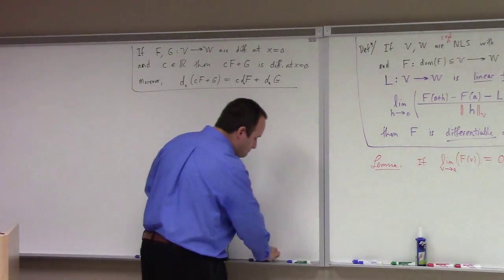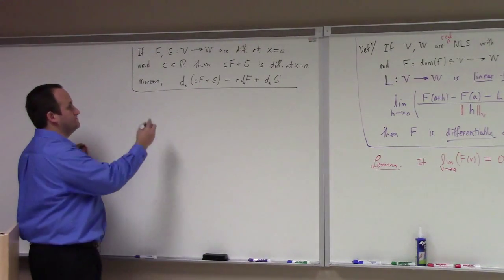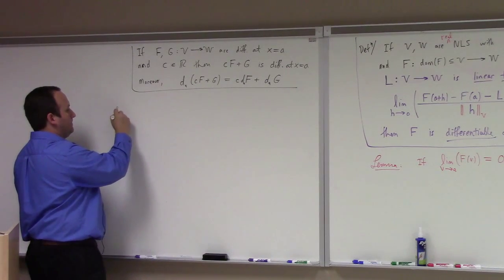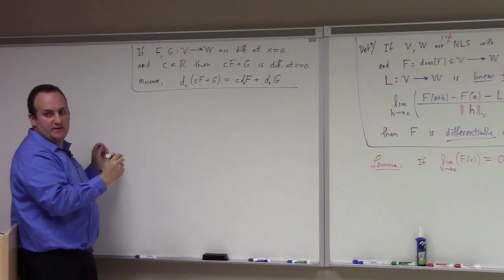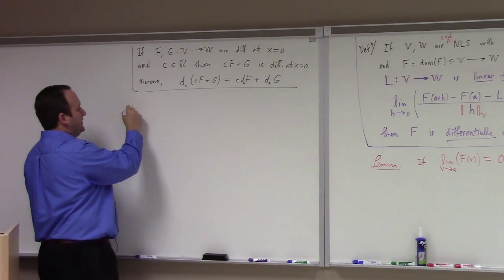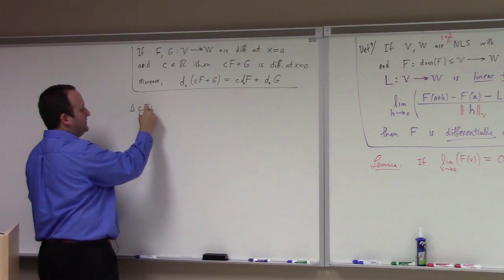How do we prove that? Well, let me forgo the limits here and just point out, if we look at the change in CF plus G, what do we get?